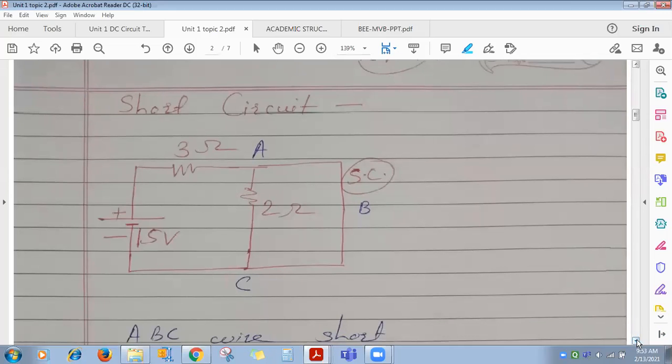When we use the redundant branch concept with KVL and KCL to find the equivalent resistance, the presence of a voltmeter or ammeter doesn't matter, whether they are there or not.